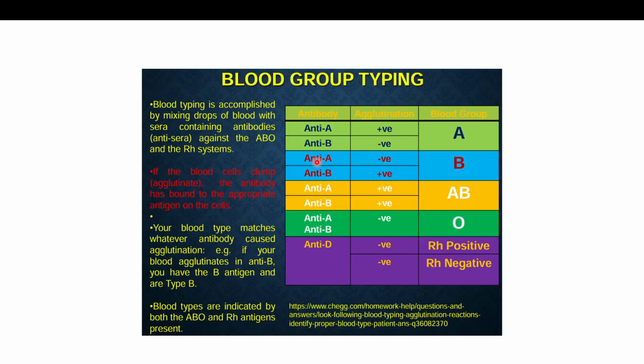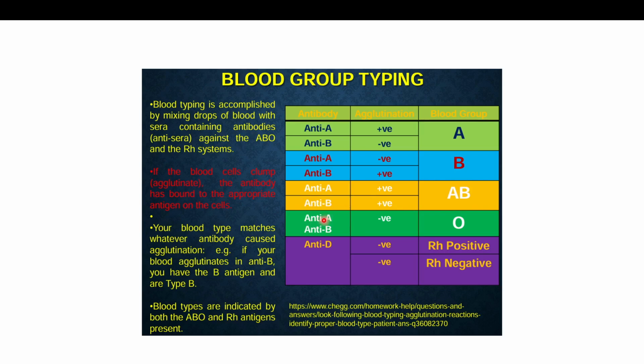So basically, all these anti-A, anti-B are antibodies designed against specific substances or molecules or chemicals present on the surface of RBCs of individuals having blood group A and B. Now, if anti-A also leads to coagulation or agglutination as well as anti-B, then it is an AB blood group type.